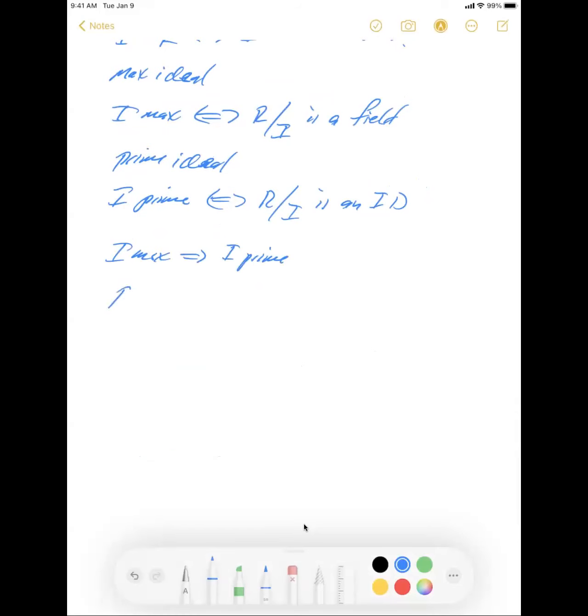Principal ideal. Principal ideal domain, so PID.